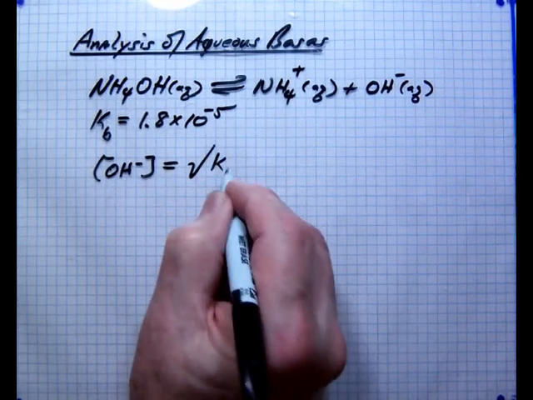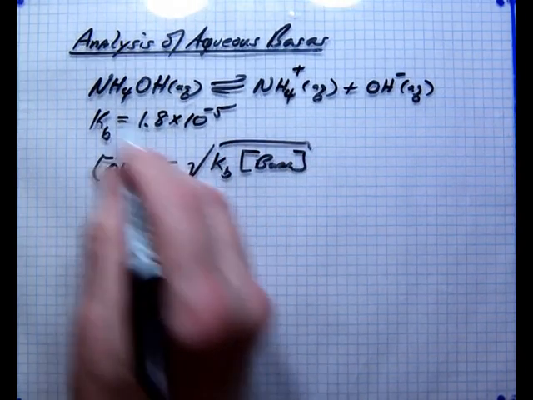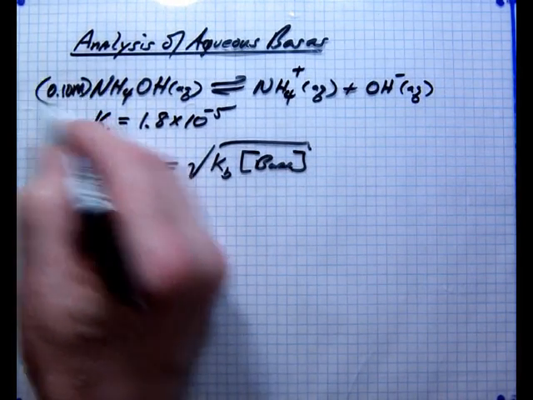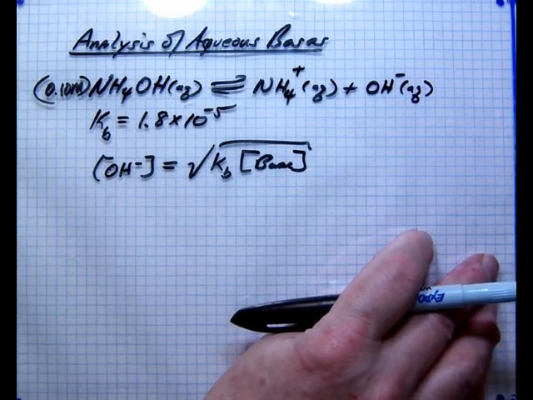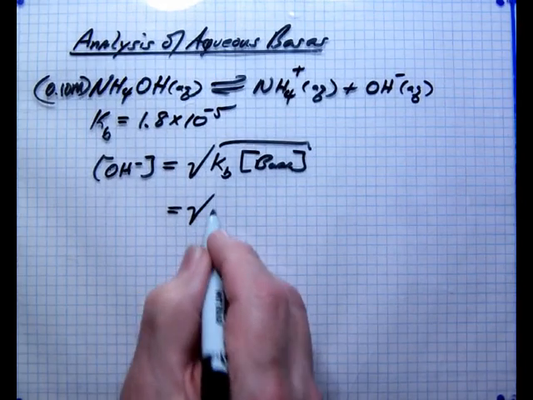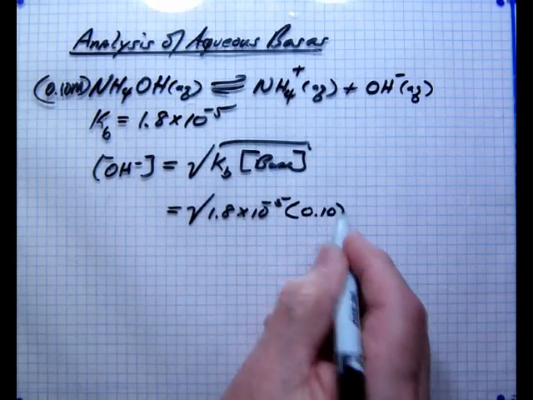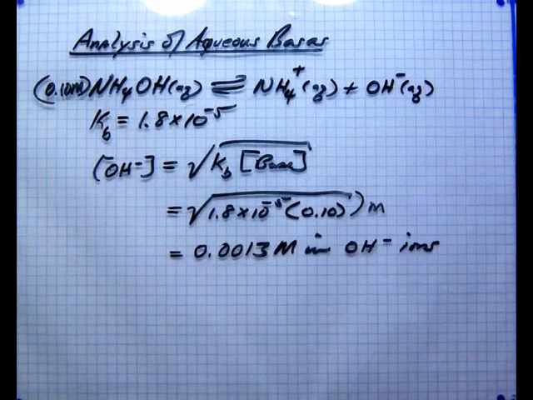And it can be defined in terms of Kb times the base concentration. In this case, let's take also 0.10 molar. So we're trying to find out what the hydroxide ion concentration in the ionization is. So this would be 1.8 times 10 to the minus 5 times 0.10, square root of that, in moles per liter, which gives us 0.0013 molar in hydroxide ion concentration.